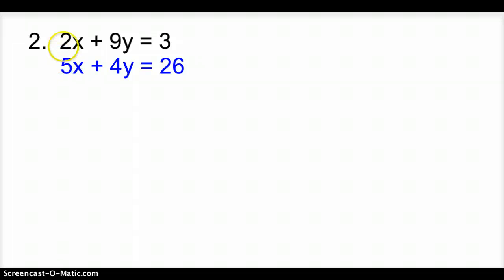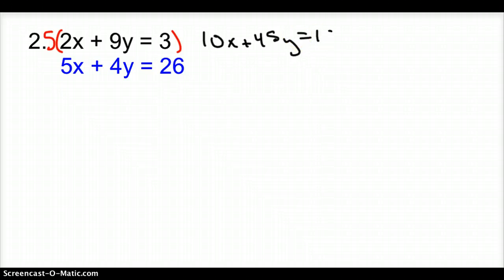So with this, I like just working with 5s and 2s. So how can I make this 2 become a multiple of a 5? Well, I know that if I multiply this first equation by 5, I get 10x plus 45y equals 15 if I take that 5 to every single number in the equation.